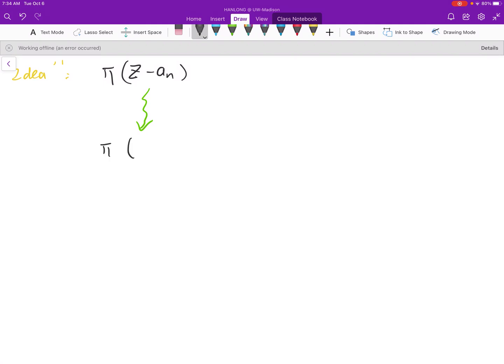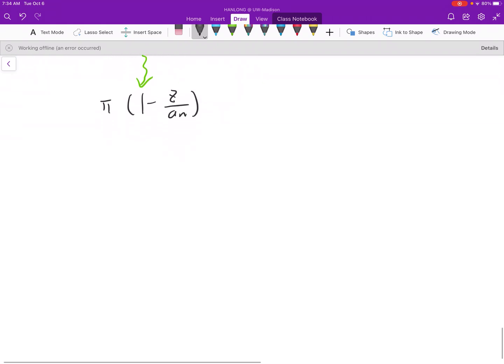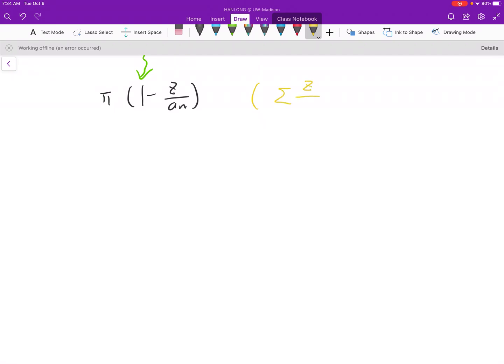Then we might think, oh, let's divide it by an. So let's consider the product of 1 minus z over an. They divide by an. But then there is still a question, because an might go to infinity very slowly, so 1 over an does not decay very fast, so probably this goes to infinity.